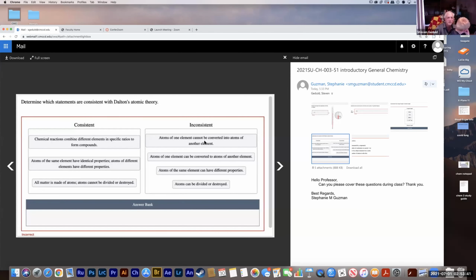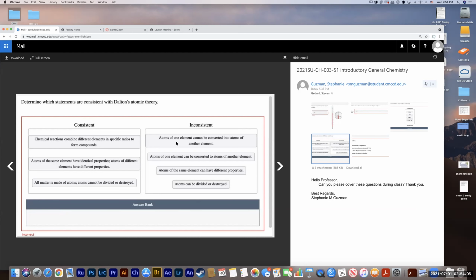Atoms of one element cannot be converted into atoms of another element. The top one under inconsistent is consistent. That's true. The ones I have under consistent seem right to me, yeah.